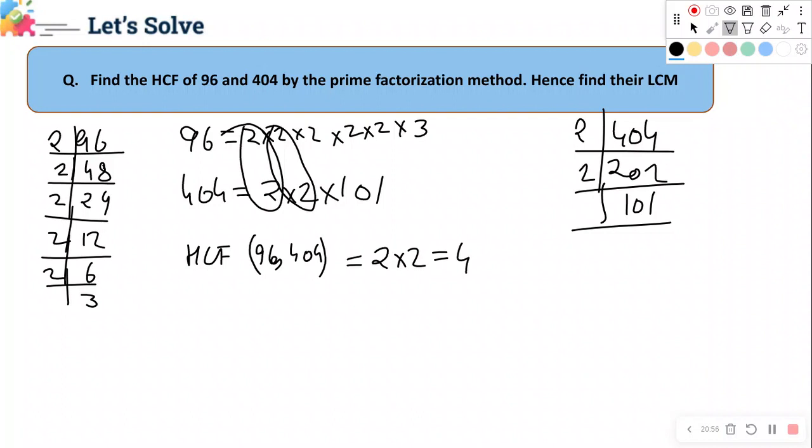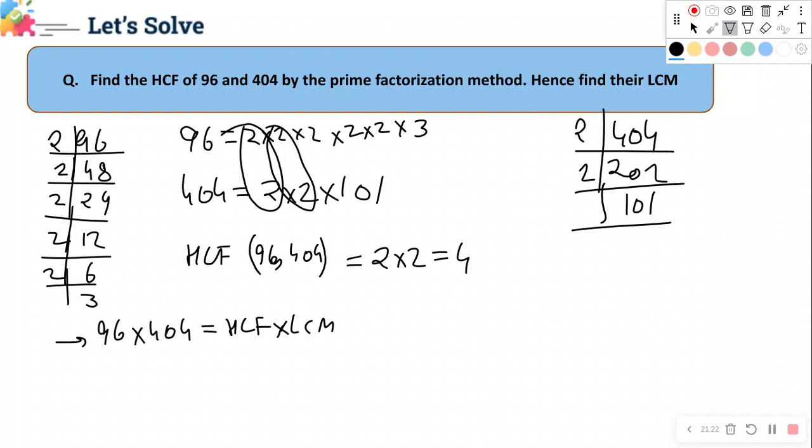Now LCM. Okay, now let's find the LCM. Now let us apply, rather than finding LCM by doing the whole multiplication, I have an idea. We know that 96 into 404. Okay, we know as per the law that 96 into 404 is nothing but HCF into LCM.